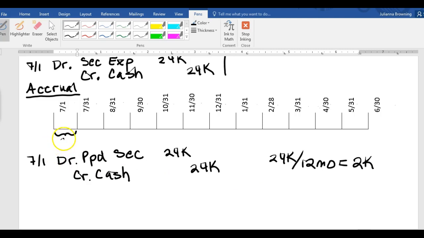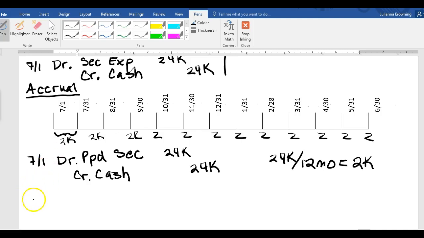So we have $2,000 that we used up in July, and $2,000 that we used up in August and September and October, November, December, January, February, March, April, May, and June. So we're spreading out the expense over the entirety of the life of the asset.